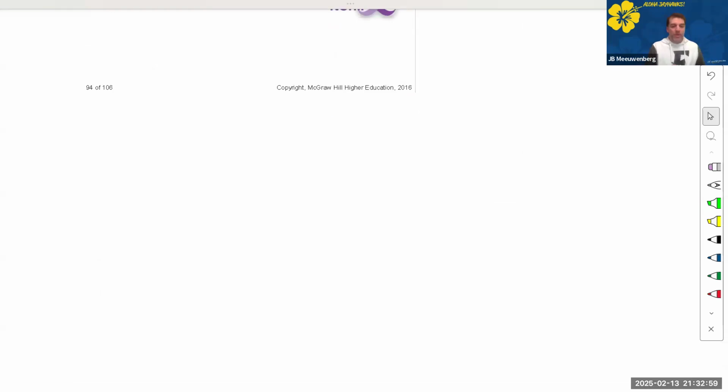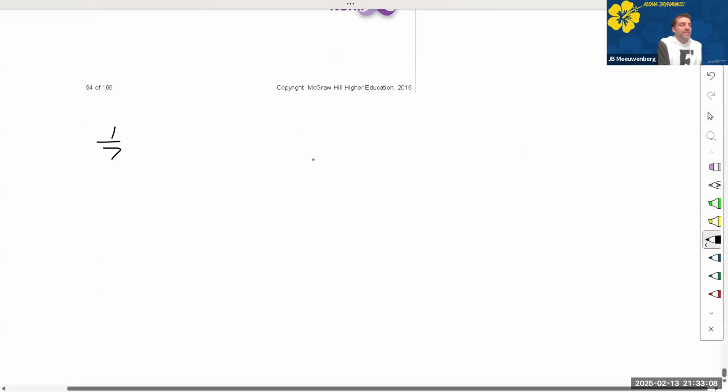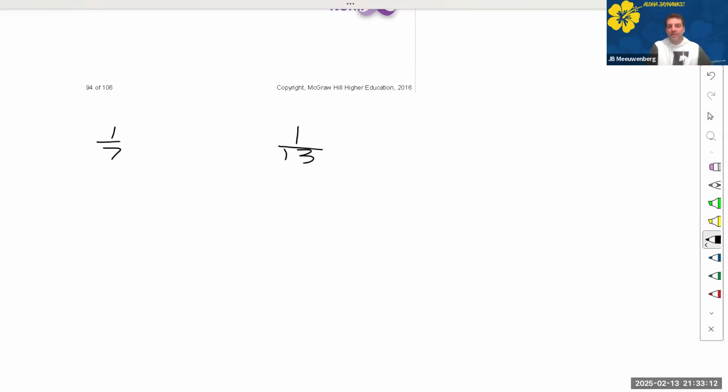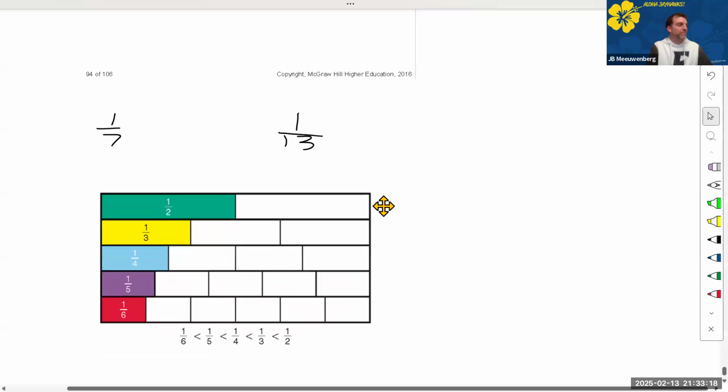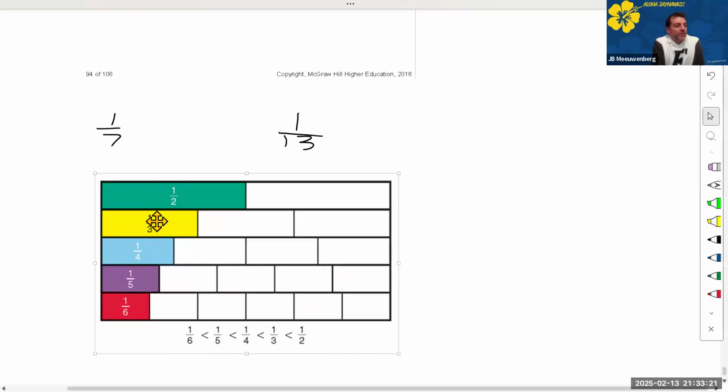And so one of the things you can do mentally is when you have to compare fractions that have a unit numerator, like 1/7 and 1/13, and you want to know which one's bigger. If you go back to this particular drawing, something we saw earlier, these shaded colored sections were all representative of a unit on top, number one, and then an increasing denominator.